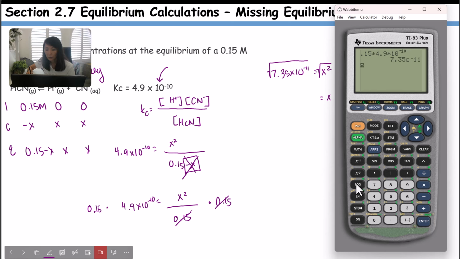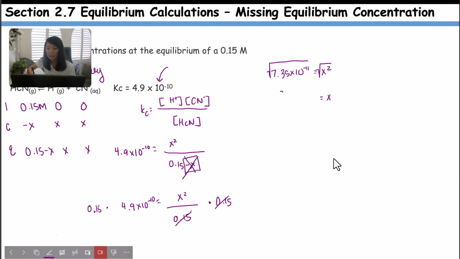And so x will then equal, second square root, second answer, close it, and then enter. I get 8.6 times 10 to the negative 6, I believe it was 6, right?